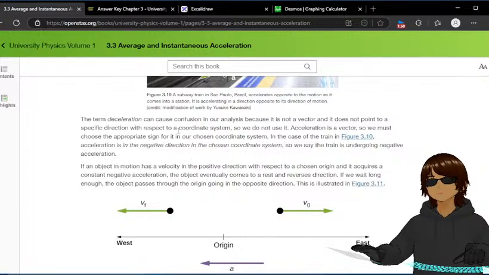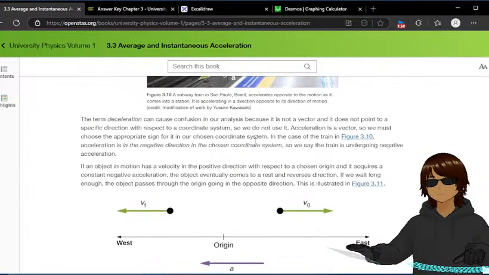The term deceleration can cause confusion in our analysis because it is not a vector and it does not point to a specific direction with respect to a coordinate system. So we do not use it. Acceleration is a vector, so we must choose the appropriate sign for it in our chosen coordinate system.